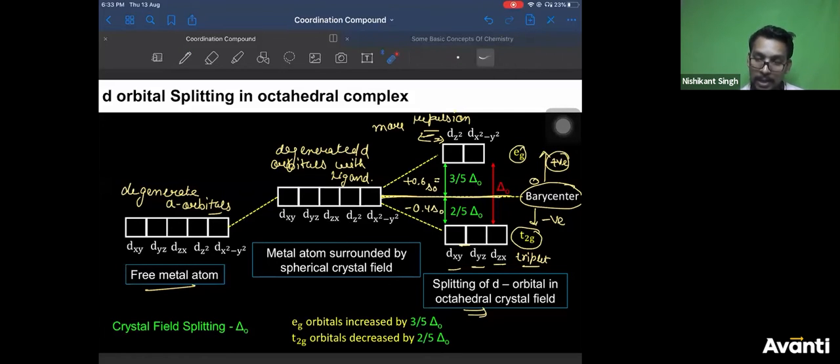One electron which you fill in T2g decreases the energy of the system by minus 0.4 delta O. One electron which you fill in dz square increases the energy of the system by 0.6 delta O. If you fill two electrons, one increases by 0.6 delta O, another also 0.6 delta O, total 1.2 delta O. So every electron which you fill here decreases the energy of the system by 0.4 delta O.